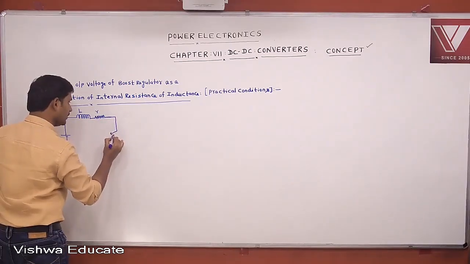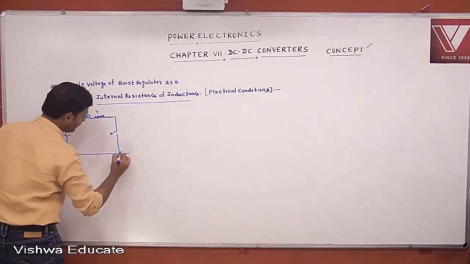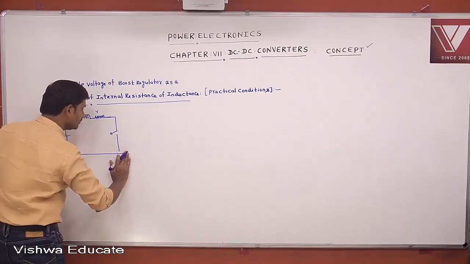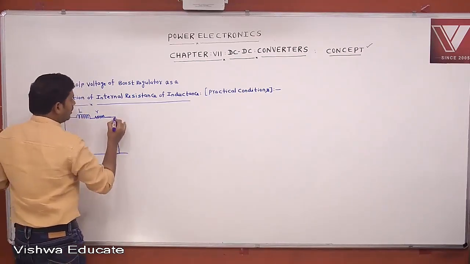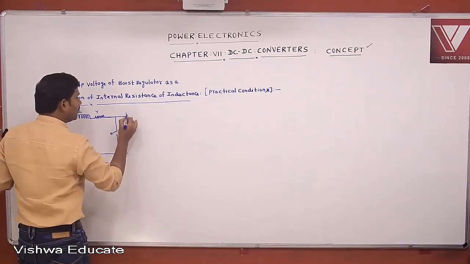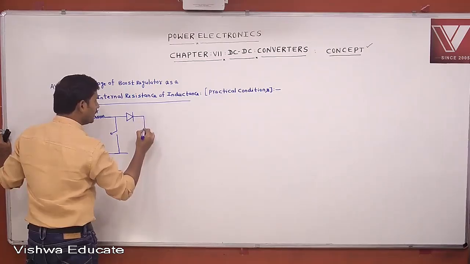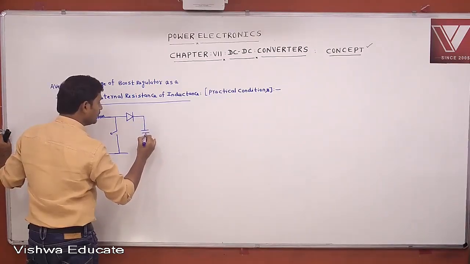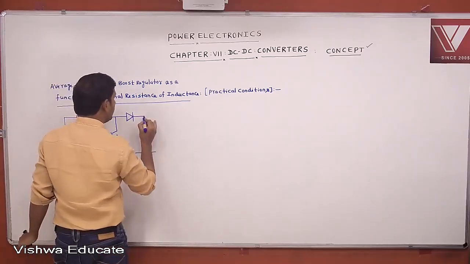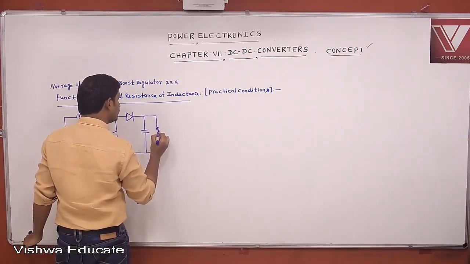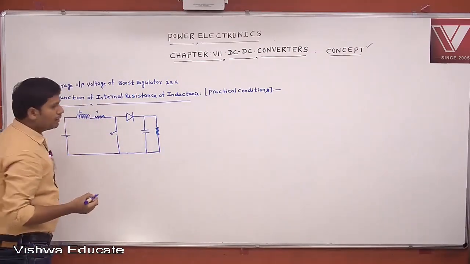This is the switch arrangement, switch or chopper. Parallelly draw the circuit. This is the diode, and this is the capacitor, the filter capacitor. Let us assume that it is a resistive load.